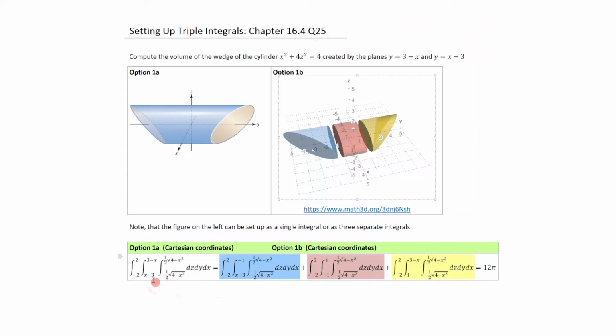This will be the lower bound, because it's a smaller value of y, and this will be the upper bound because it's a larger value of y. And then the range of x is determined by the domain here. The x values can go from -2 to +2, otherwise the square root has no meaning. So that's essentially the integral.